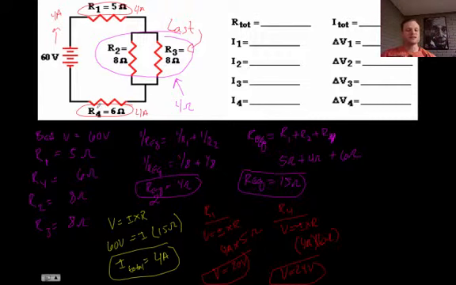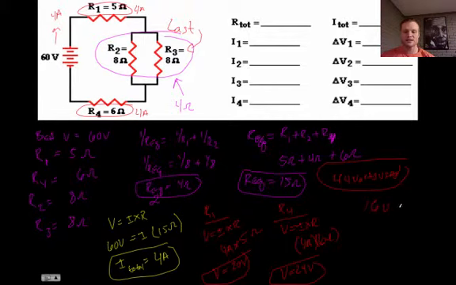Okay? Now this is where you really have to have a strong understanding of circuits. Okay, we know that 60 volts are pumping through this circuit, and basically 20 plus 24 is 44 volts have been used. What's left? Well, 60 minus 44 would be 16 volts.